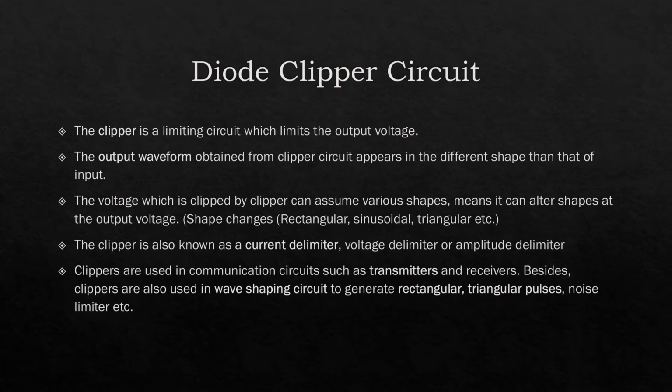The voltage which is clipped by the clipper can assume various shapes, meaning it can alter shapes at the output voltage: rectangular, sinusoidal, triangular, etc. The clipper is also known as a current delimiter, voltage delimiter, or amplitude delimiter.